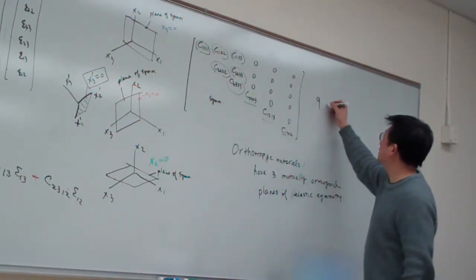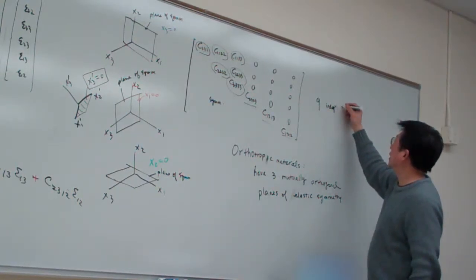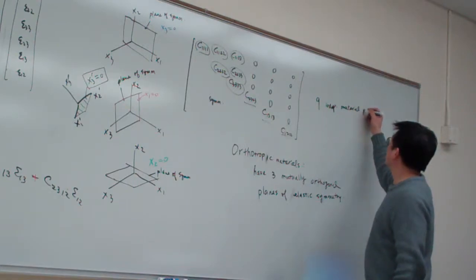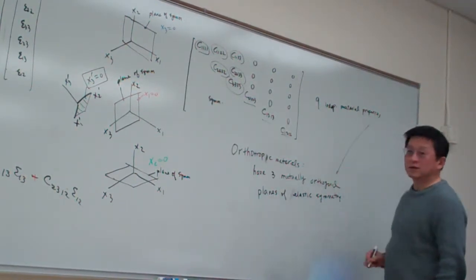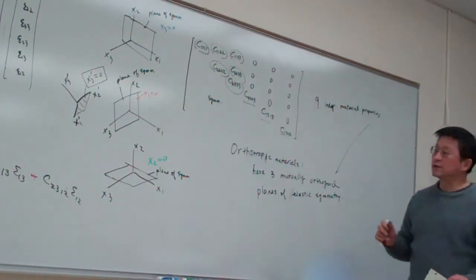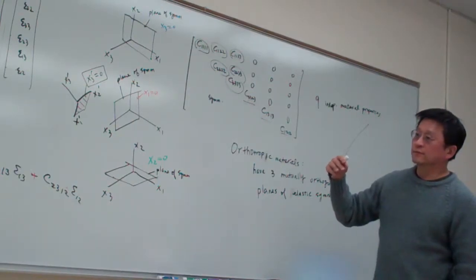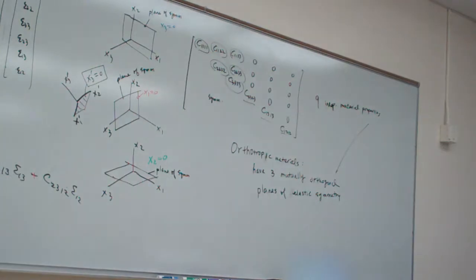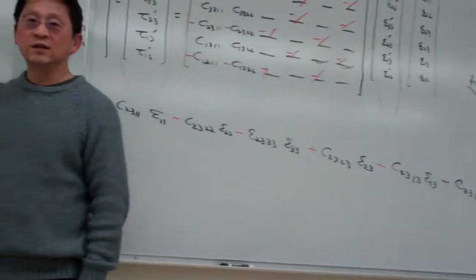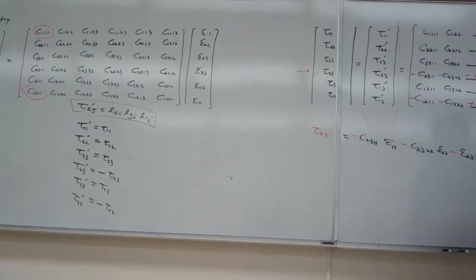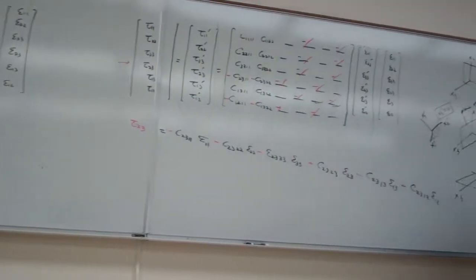So 9 independent material properties in the orthotropic material. So for orthotropic materials, we simplify from the very original anisotropic material. Anisotropic has 21 independent elements compared to 9 here. So that much simplifies the situation.